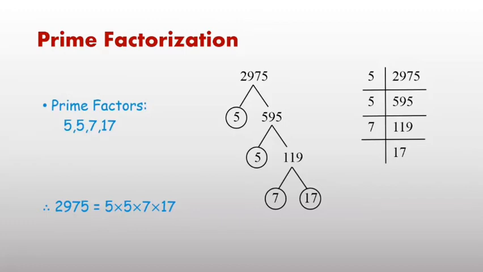Again divide by 5, 119. Divide by 7, 17. Means in this pattern you can write 2975 equals 5 square into 7 into 17. The 3 examples are sufficient to explain prime factors of a number, because it is revision. Already in previous classes you have covered this topic.